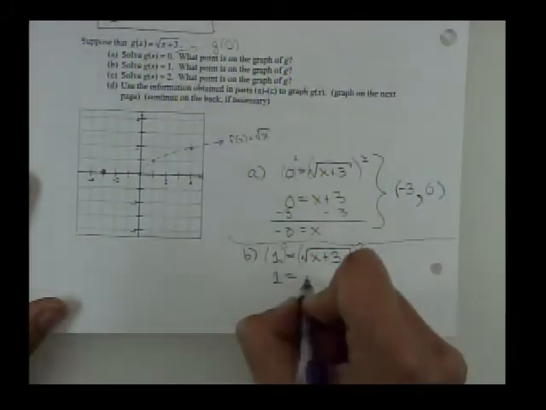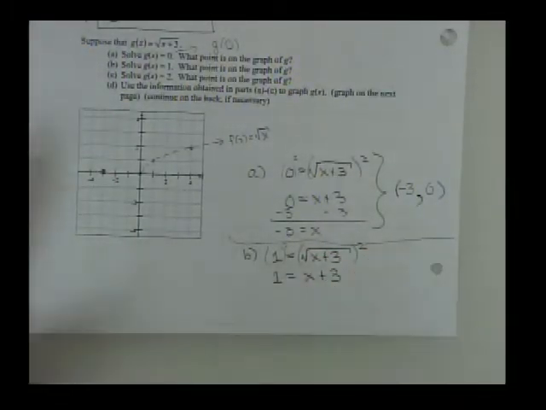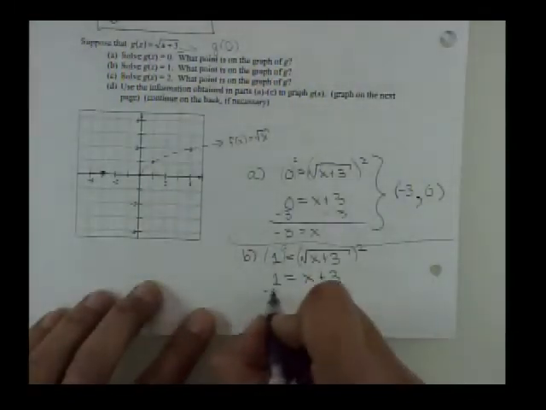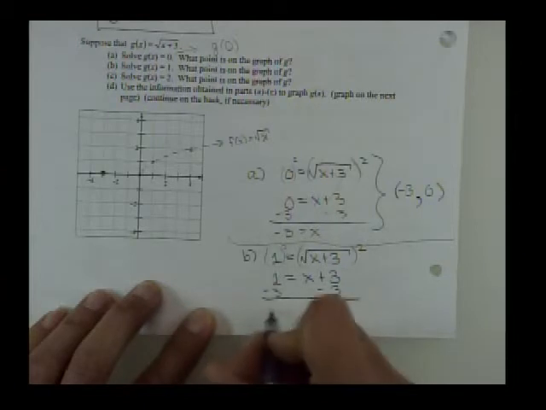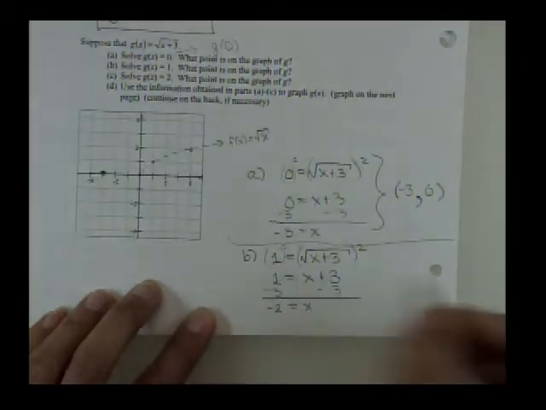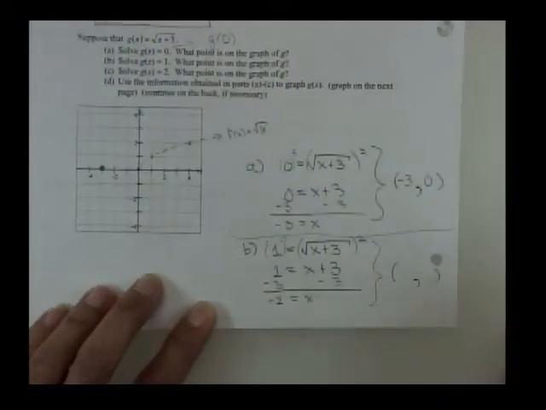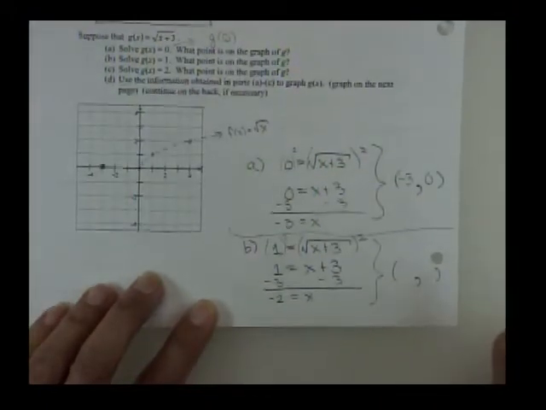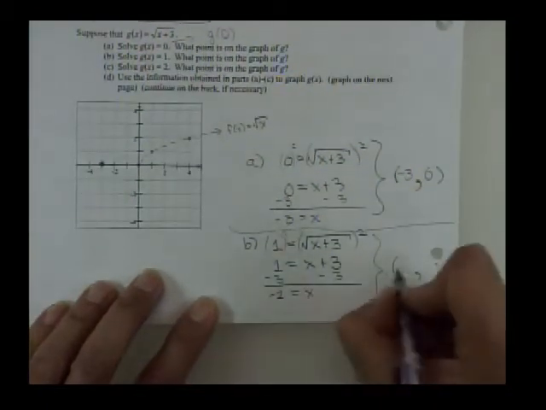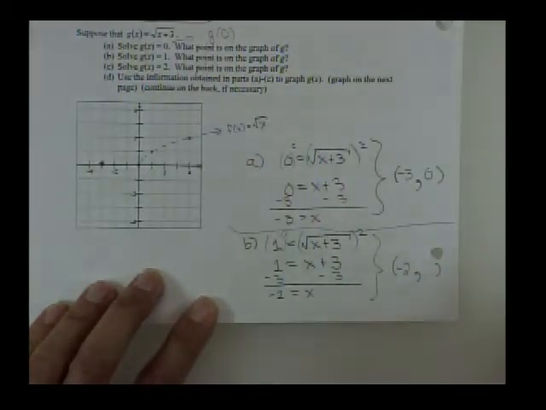Squaring a square root just gets rid of the square root. And then again, subtract 3 on each side. So negative 2 equals x. And then the point on the graph, the x coordinate is negative 2, and the y coordinate is 1.